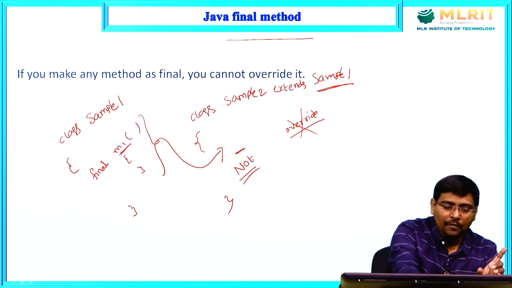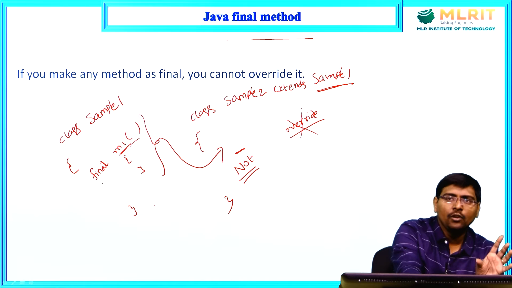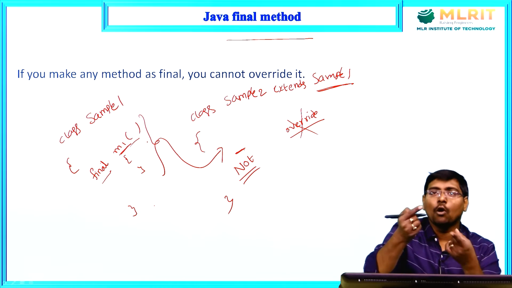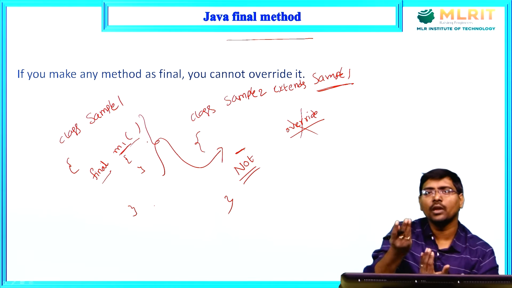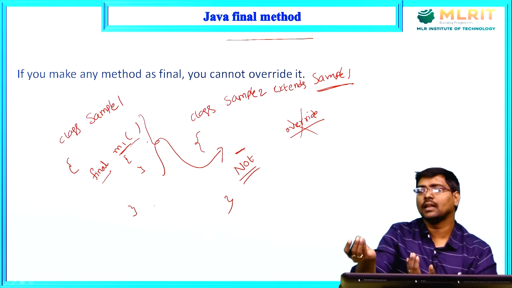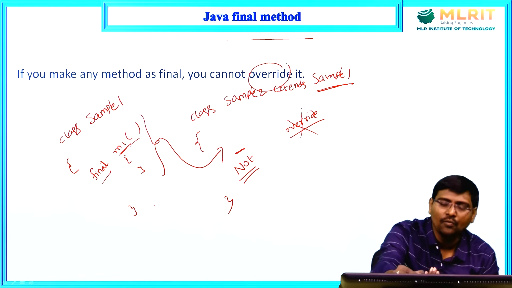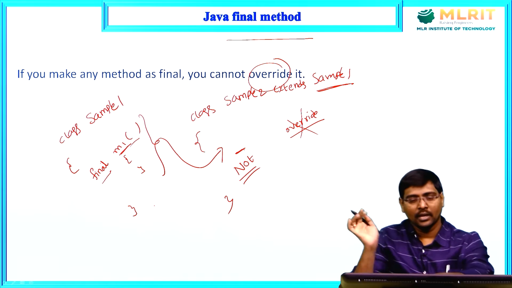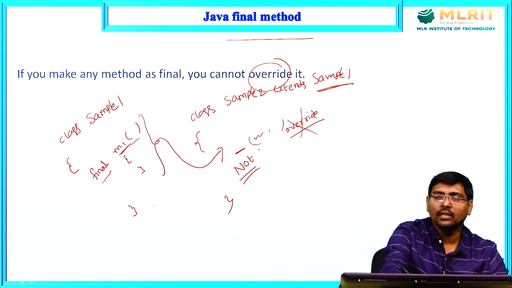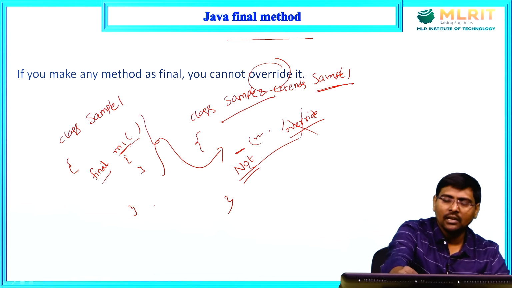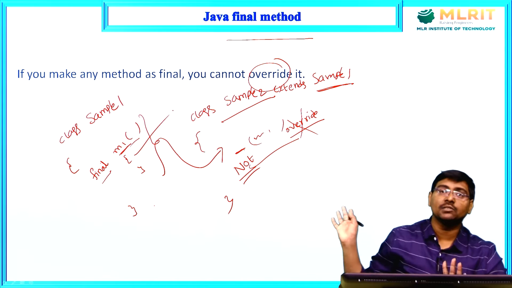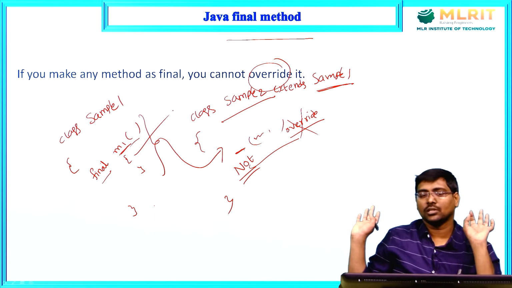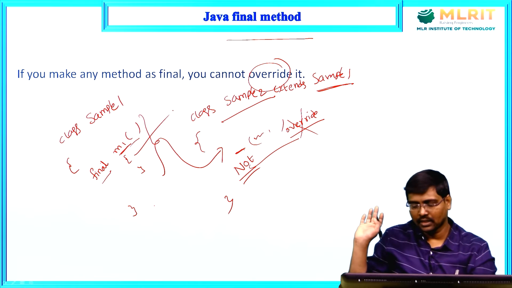Exactly, before a method, if you use final, it is not possible to modify. Modifying in the child class is called overriding. Clear? It is possible to use m1, that is not a problem. By using a child class object, you can access m1. That is fine, but you are not allowed to change it. That is the final method.